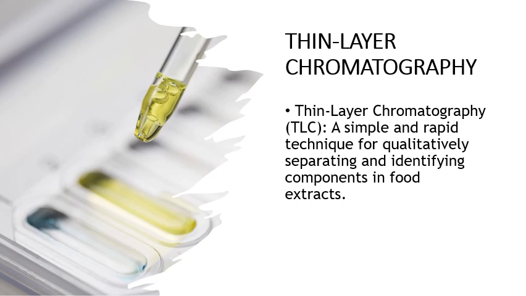Then it can also be used for nutritional analysis of the relative abundance of specific nutrients such as vitamins, antioxidants, and pigments and so on. Then for food safety screening for presence of contaminants or harmful components such as mycotoxins and pesticides.